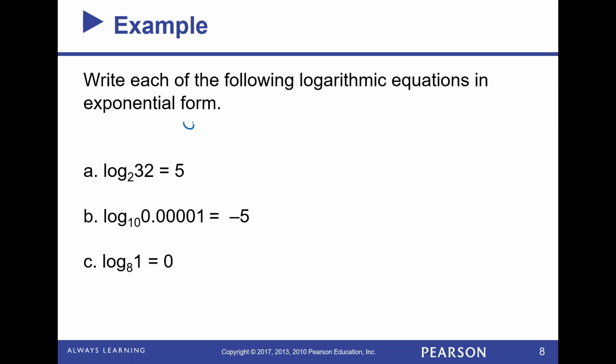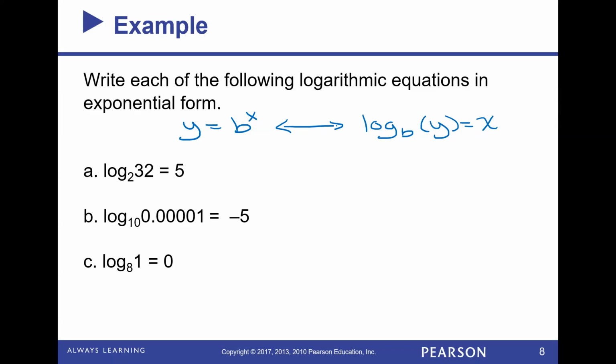We normally write the exponential form first and then the logarithmic form, but this doesn't actually matter. If you would like to write the logarithmic form first, then you can. Or you can just remember that this is a two-way street. That's why the arrow has a double arrow on both sides.